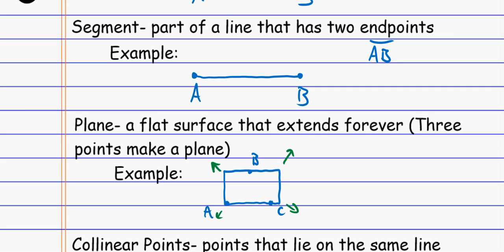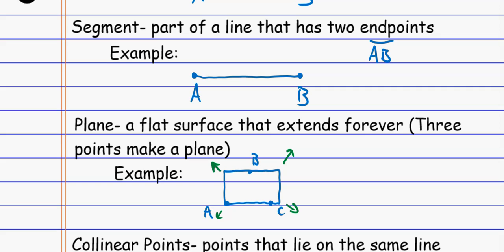So the bottom surface creates its own plane with those 3 points, which makes the thing stable. It'll never rock. If you were to take a stool that has 4 legs on it, sometimes it's a little wobbly, but if you take a stool that only has 3 legs, it'll never be wobbly, because 3 points make a plane, and so it creates stability. So it's just a neat fact.